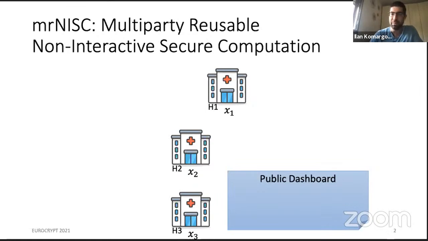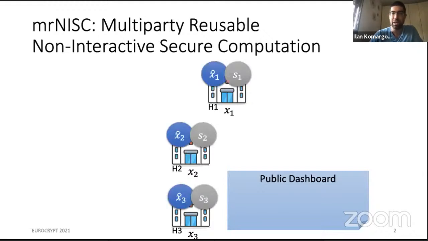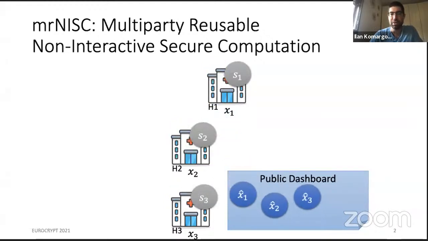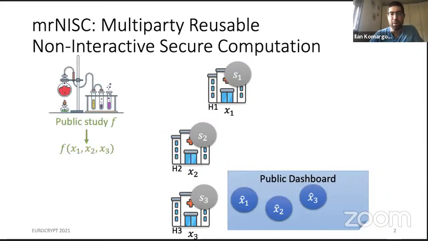We first want each player to be able to commit to its own input and publish this commitment on a public bulletin board. And then, at a later stage, these 3 parties may want to jointly perform some computation on their joint inputs, so compute some function f on x1, x2, and x3.